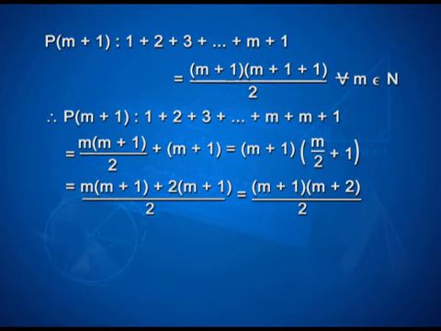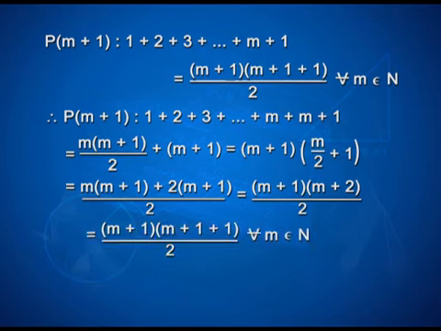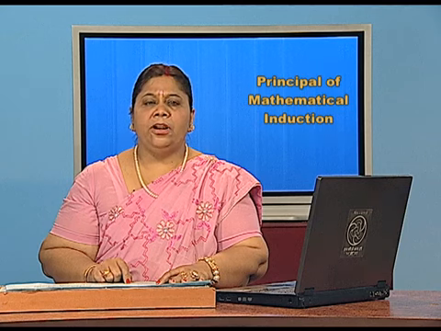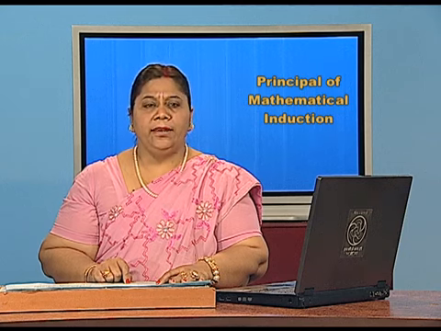On taking LCM, we can write it as m plus 1 into m plus 2 by 2, which again can be expressed as m plus 1 into m plus 1 plus 1 upon 2 for every m belonging to N. That implies P of m plus 1 is true. Hence, the result is true for all n belonging to N.